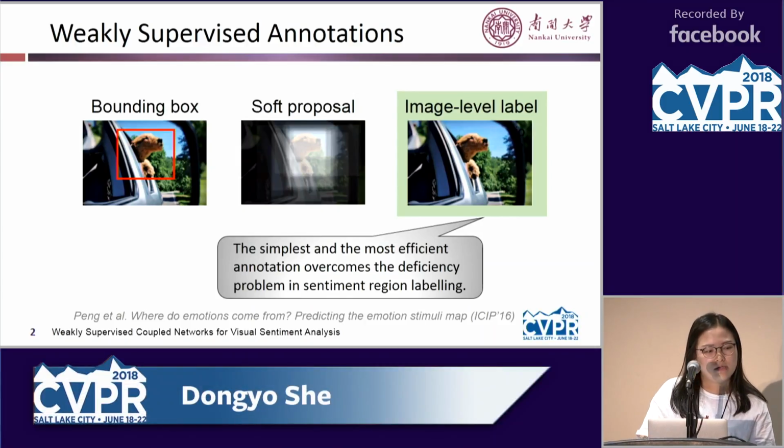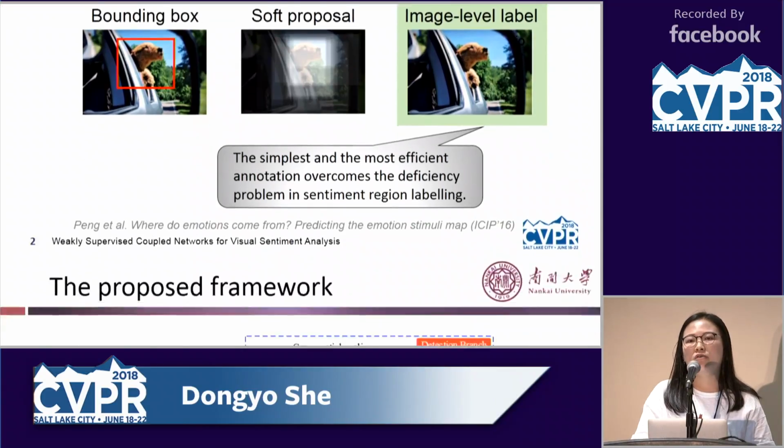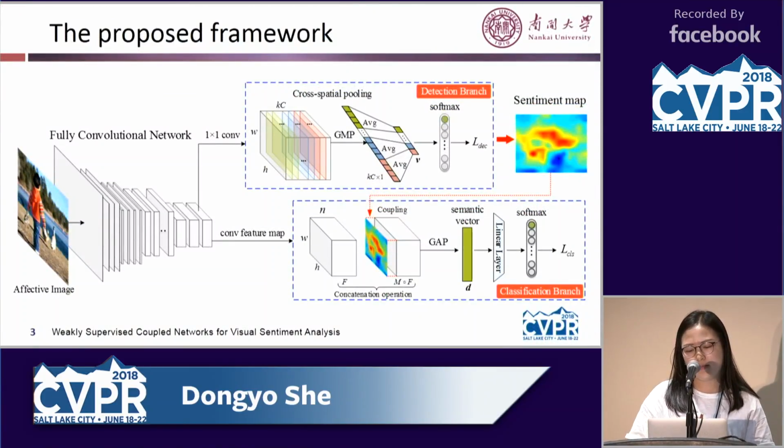So this paper proposes a weakly supervised coupled network, namely WSCNet, with 2 branches for visual sentiment analysis. The basic network makes use of a fully convolutional network to preserve the spatial information.